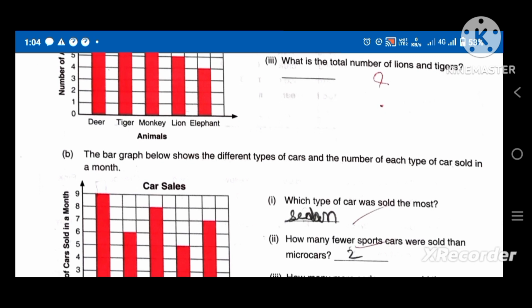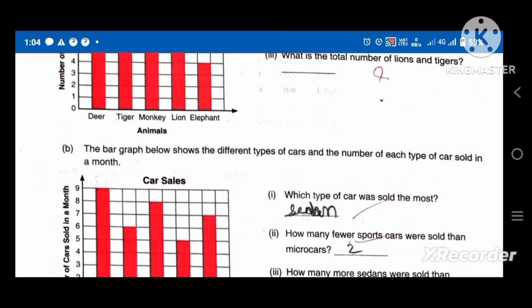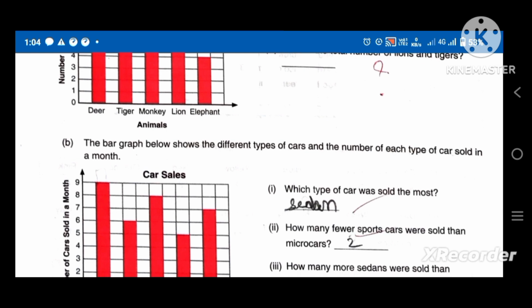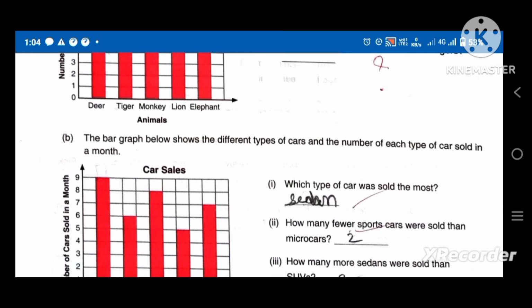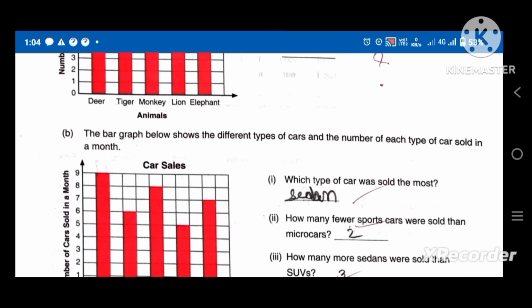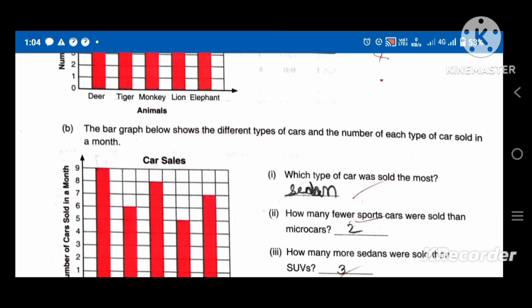11. B. The bar graph below shows the different types of cars and the number of each type of car sold in a month. Car sales.